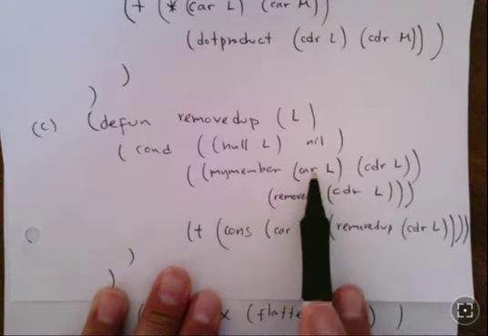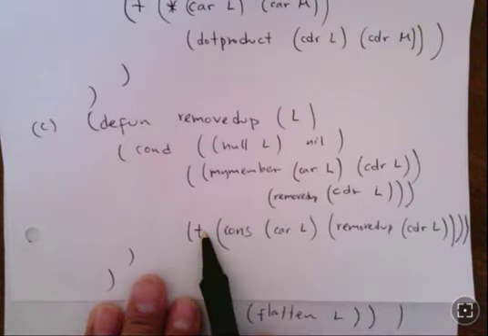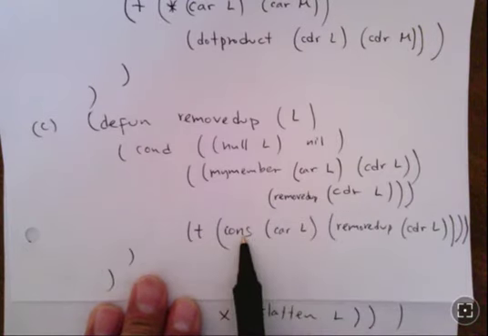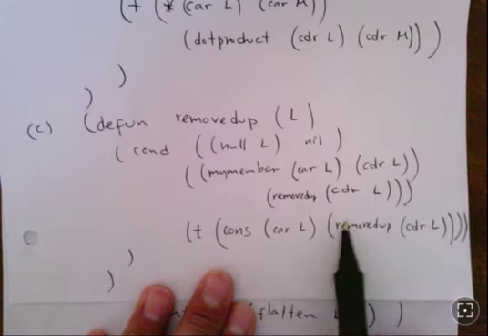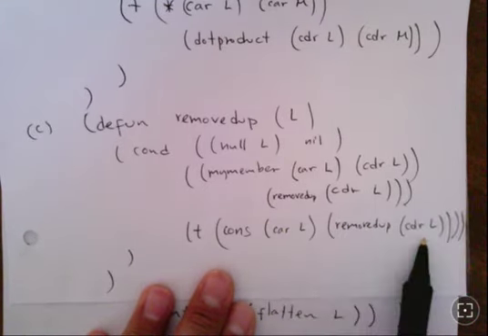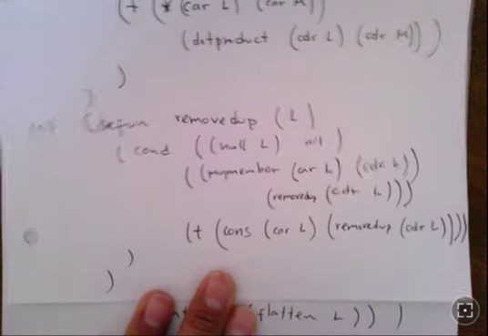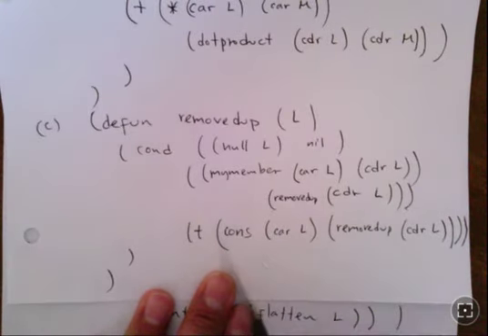Otherwise, this is not a duplicate, then we keep it. We keep that element and we insert it with whatever is the answer of removing the duplicates from the rest of the list. So you see the problems are very similar, and my member function has been very useful.